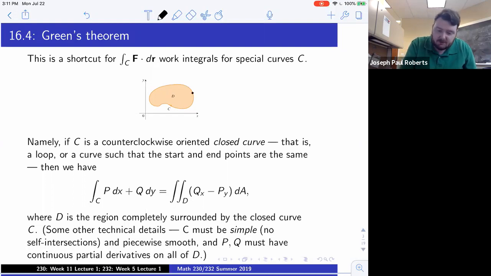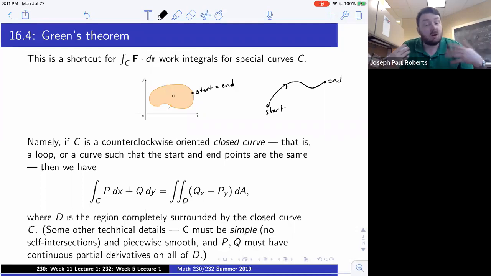If I look at this curve here, I can pick any point, it doesn't matter, but the idea is that it loops back on itself. A curve that's not closed is going to look something like this, where the start and the end points are not the same point. But a closed curve looks something like that.